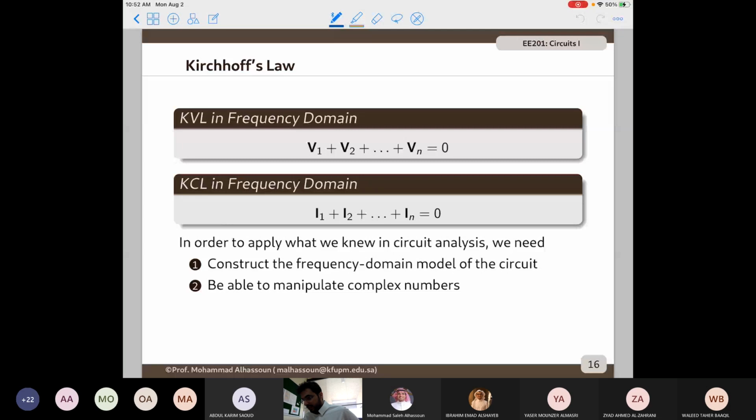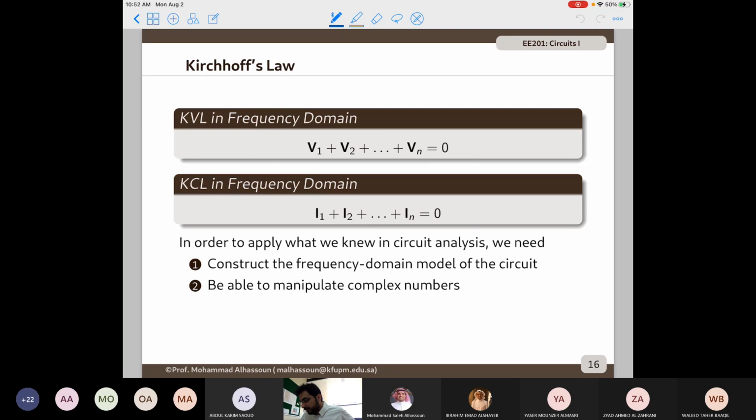Okay, the last thing that we need before actually solving circuits using phasor domain analysis is to define KVL and KCL in the frequency domain. What we studied in chapter 2, both KVL and KCL, is going to hold, provided that everything now is in the complex domain.